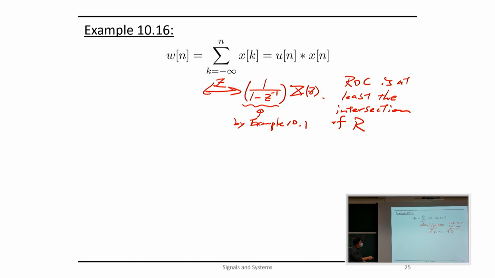It should be the intersection of R and the ROC of u of n, which corresponds to values of z with magnitude greater than 1.